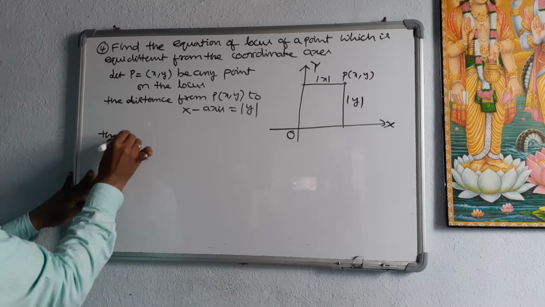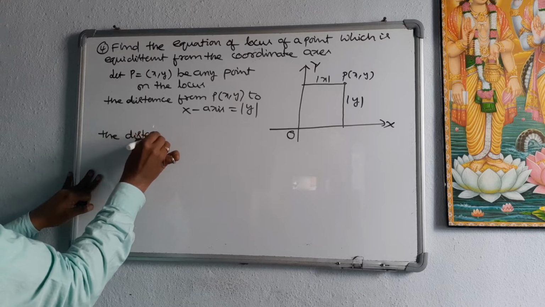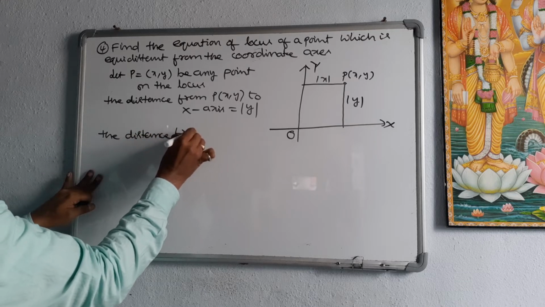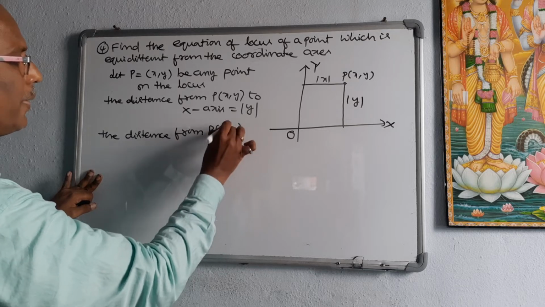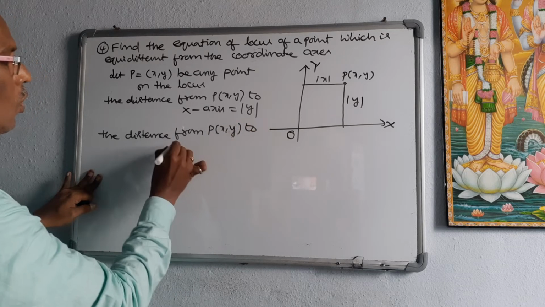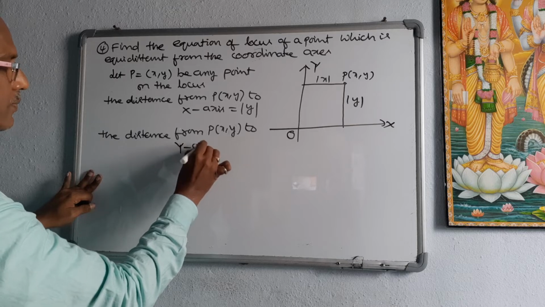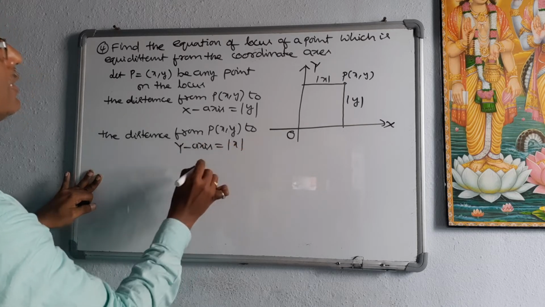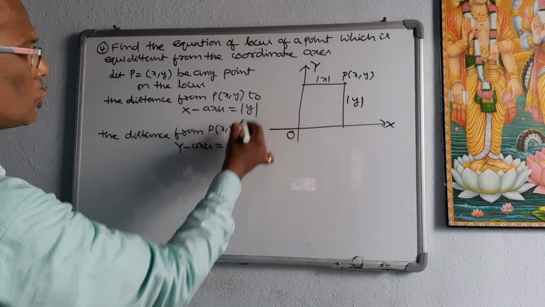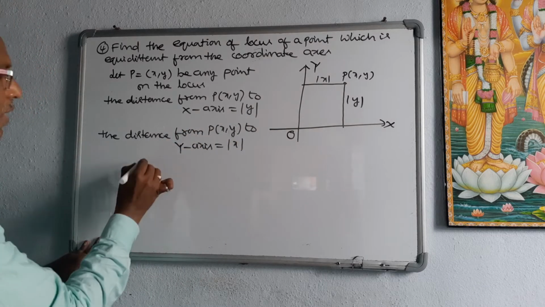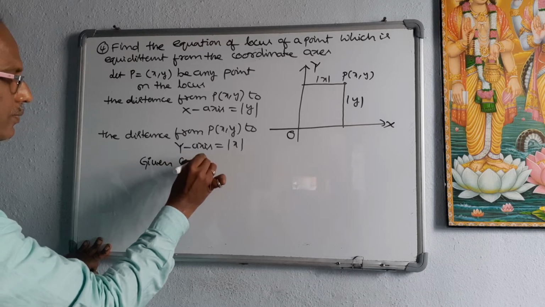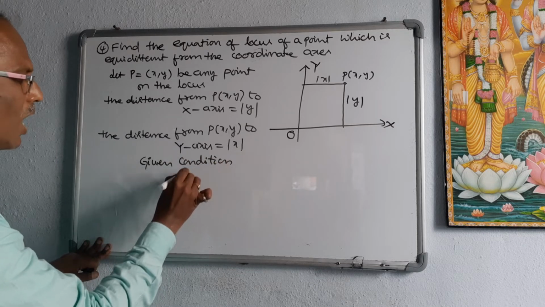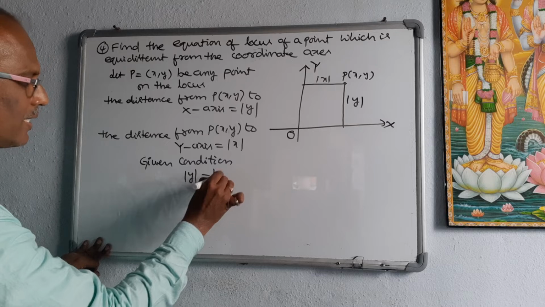The distance from P x comma y to y-axis equals mod x. Here the given condition, these two distances are equal. Given condition, mod y is equal to mod x.